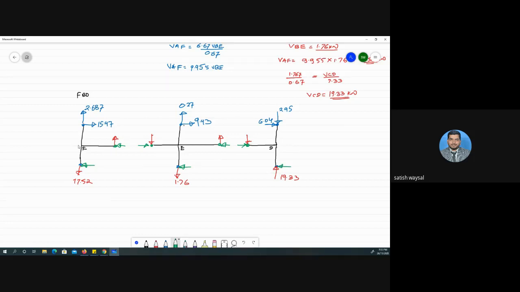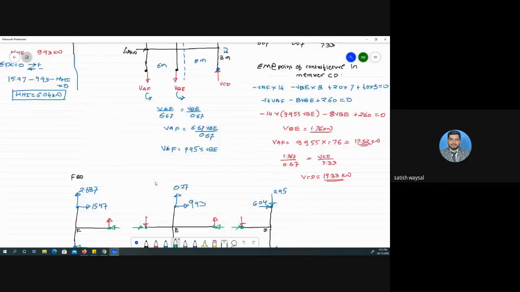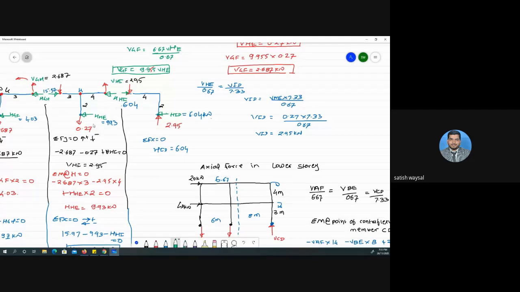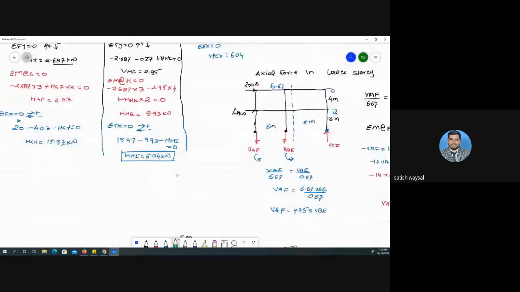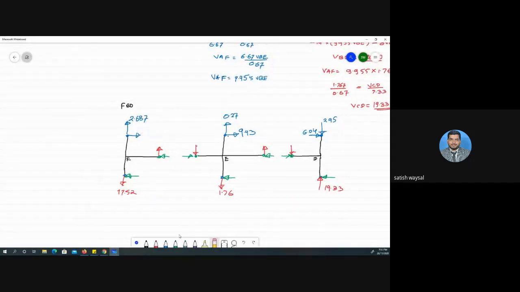I haven't considered HGF. Okay, 4.03. This is the unknown forces in red color, that is VFE, VED, HFA, HEB, HCD, because we have to determine these unknown forces.